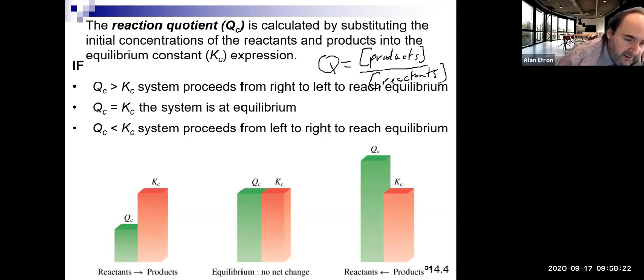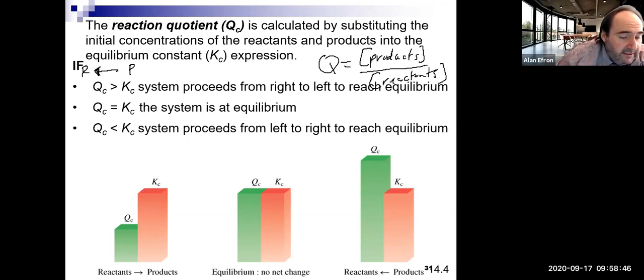If you put Q on the left-hand side and K on the right-hand side, the arrow points opposite of the greater than side, so this way would be to the reactants. So if Q is greater than Kc, the system is not at equilibrium, and in order to reach equilibrium we need to make some more reactants.